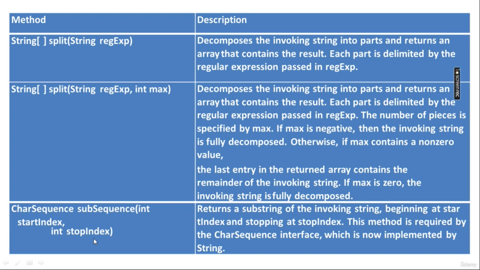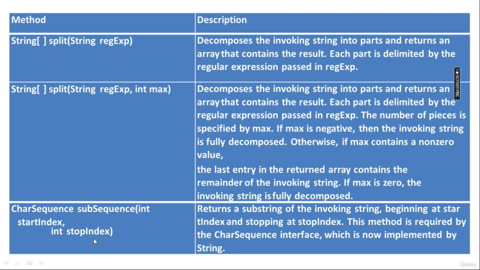String split string regular expression decomposes the invoking string into parts and returns an array that contains the result. Each part is delimited by the regular expression passed in the regular expression. Then string split string regular expression integer maximum decomposes the invoking string into parts and returns an array that contains the result.